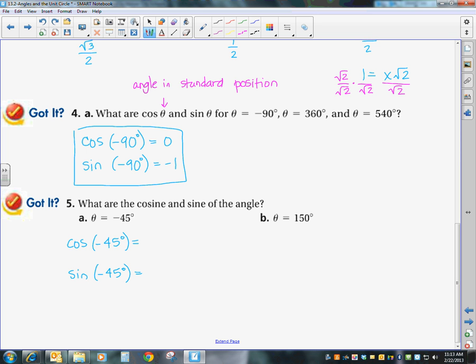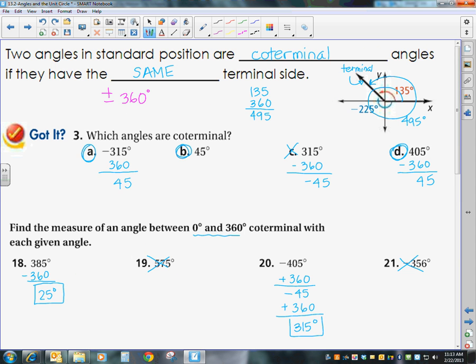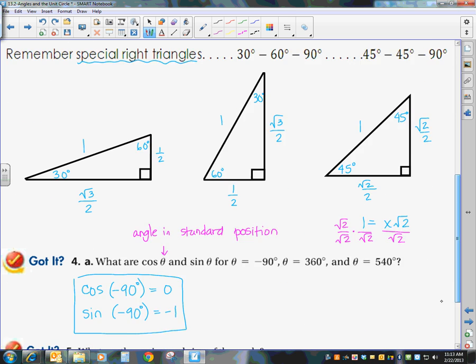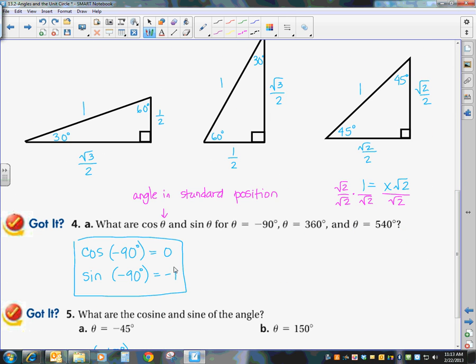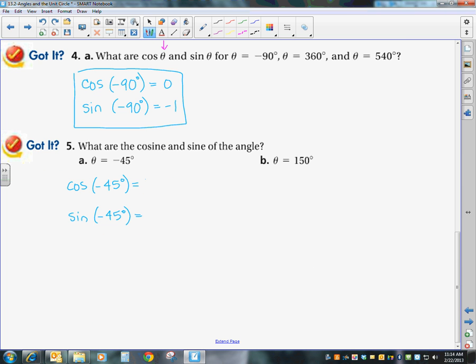So looking on my unit circle, if positive 45 is right here, then negative 45 is down here. What's my cosine? What's my sine? So let's go fill those in. The cosine is square root of 2 over 2, and the sine is negative square root of 2 over 2.